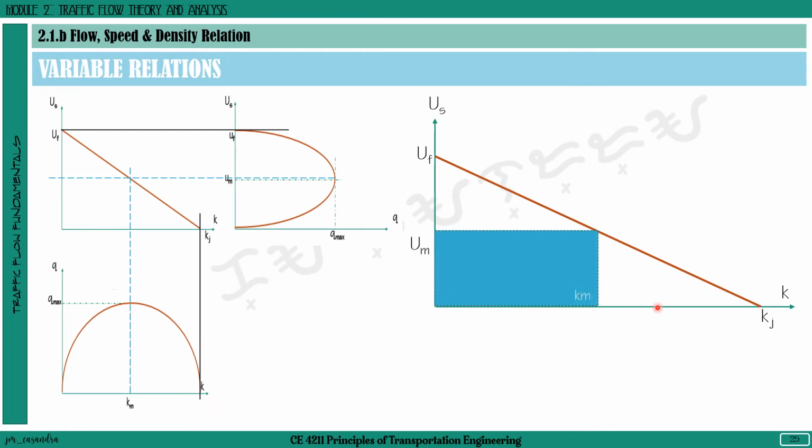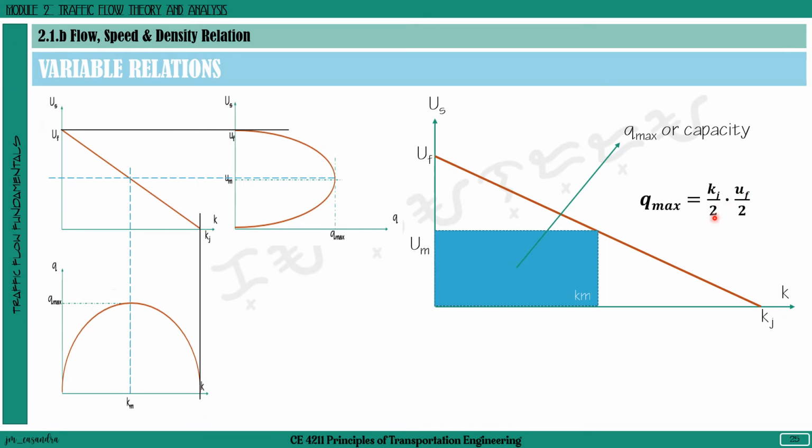So the intersection of your U sub M and your K sub M here, and the shaded area will simply represent what we call your Qmax, or the capacity of the road. And for Qmax, we can now compute this simply as U sub m times K sub m, which is the same as your Kj divided by 2 times U sub f divided by 2.